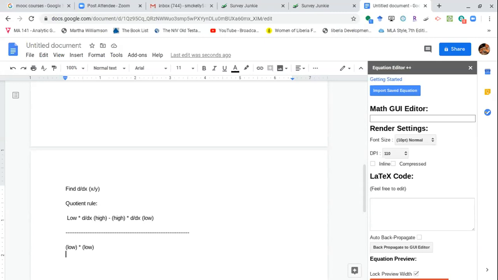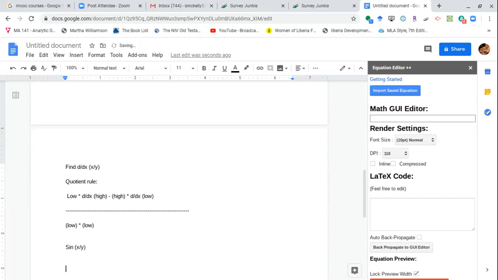If I had something like sine of x over y, then here I would just be doing chain rule, and it would be the quotient of x over y.